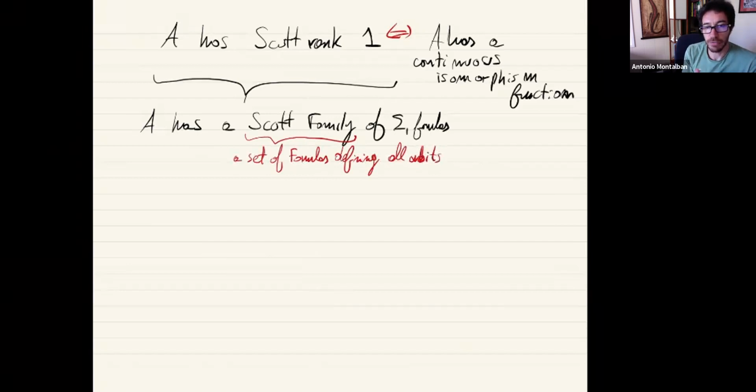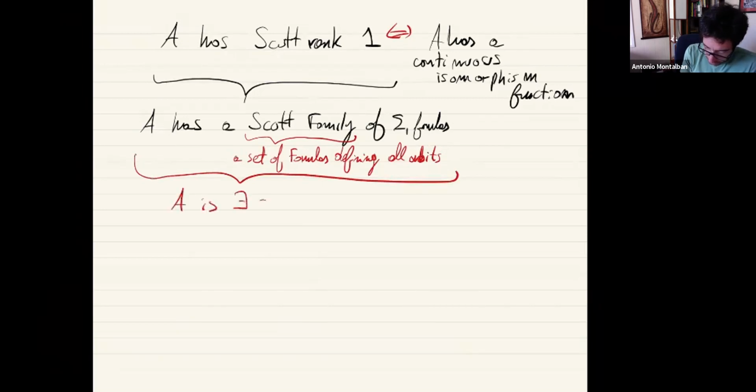So all orbits are definable by sigma 1 formulas, the same as Scott rank 1. This is the same as saying A is existentially atomic. This is what we mentioned before.